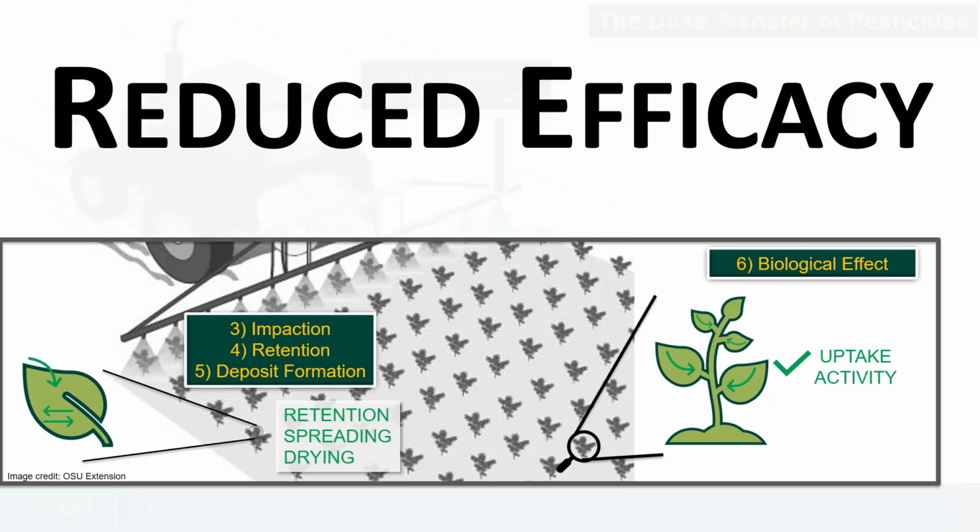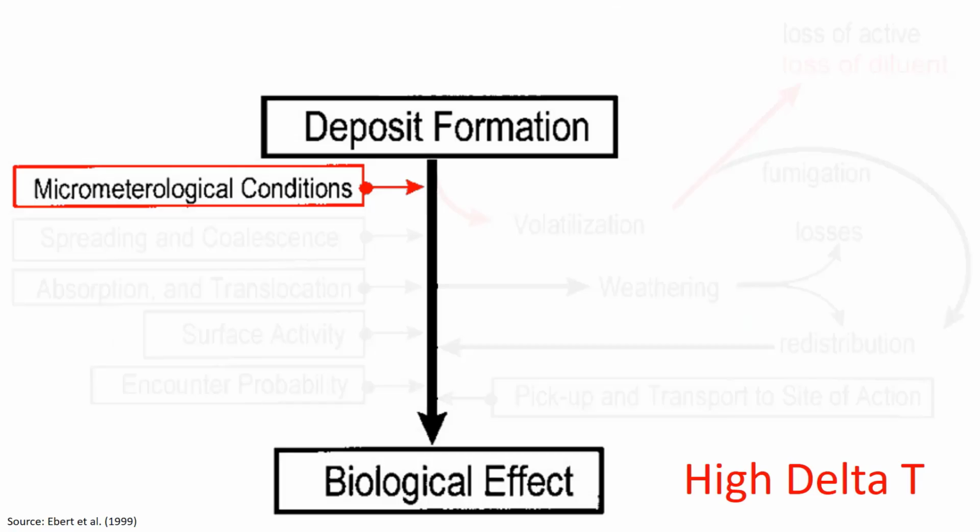The other concern is later in the process: high levels of delta T can also lead to reduced efficacy, so reduced effectiveness of your application. Between when a deposit forms on a target, let's say a leaf, and has a biological effect, there are multiple factors that can influence that deposit. Delta T is one of the micrometeorological conditions that can affect that deposit.